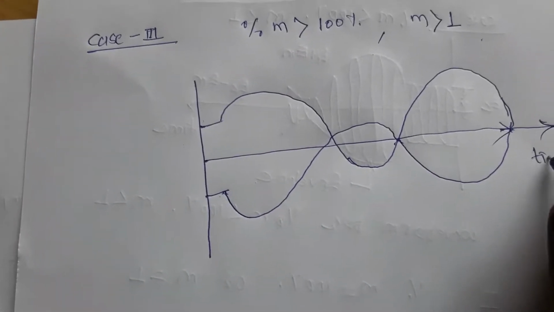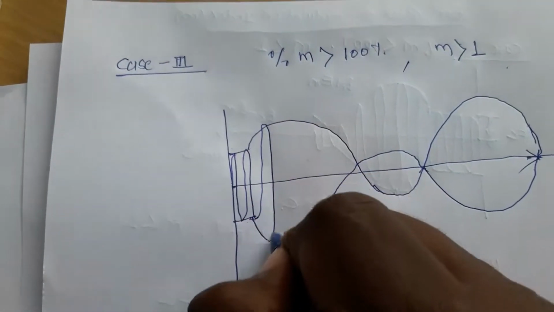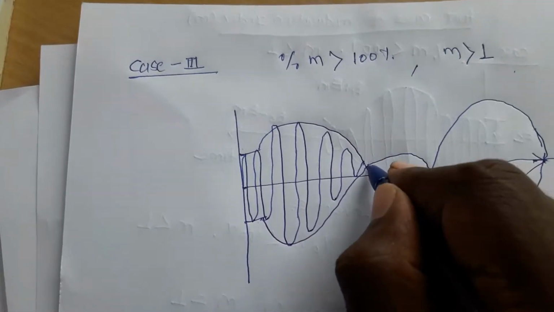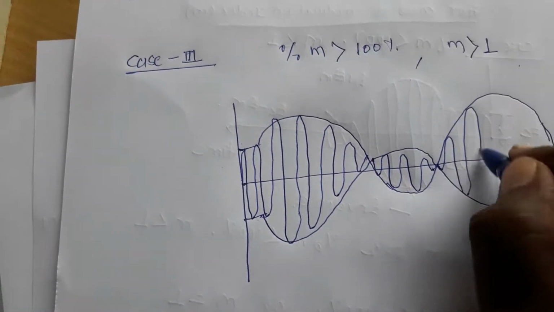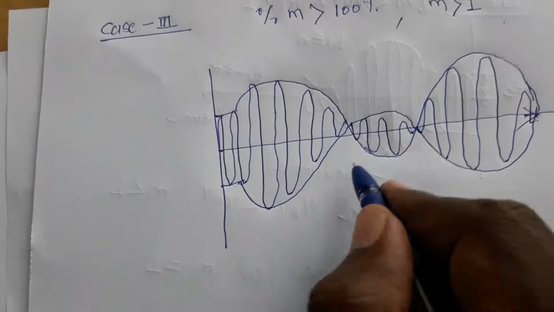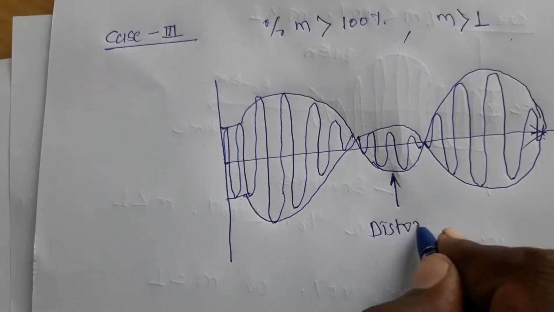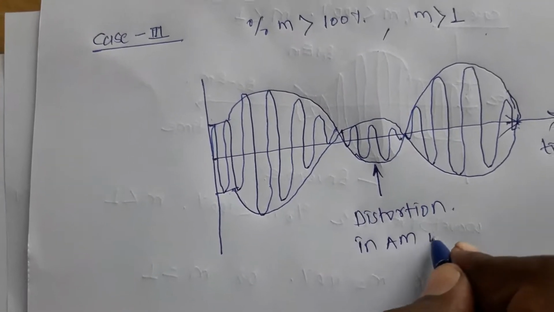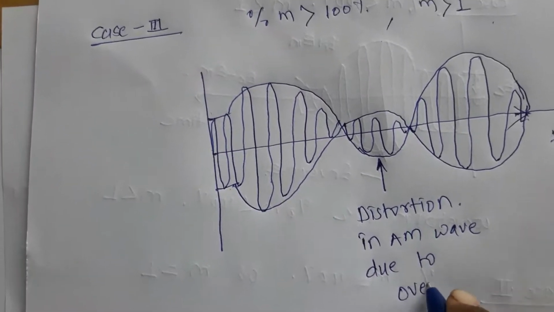On the x-axis it is time. The carrier changes its amplitude with the instantaneous change in amplitude of the modulating signal, keeping frequency and phase constant. Whatever lobe we are observing is called distortion in the AM wave due to over modulation.